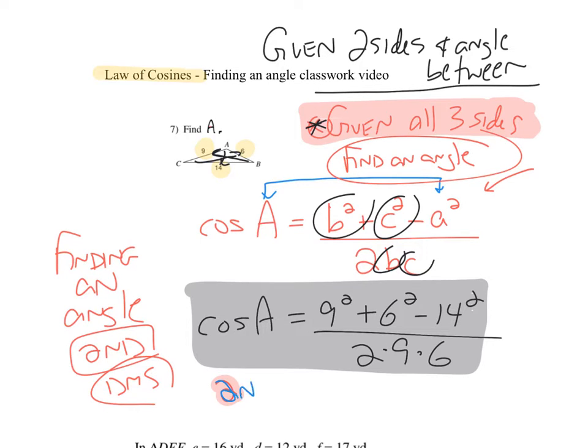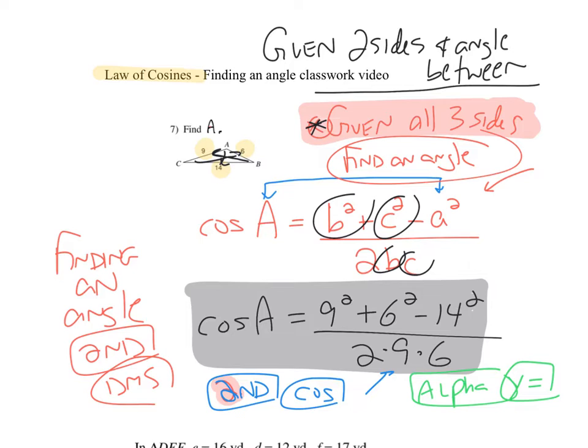So the second button's in blue, so second and then cosine, and then this big fraction. So take a minute, press second and then cosine, and then enter in exactly what you see. Remember, the fraction on your calculator is alpha and then y equals in option 1. So go second and cosine, enter in this fraction on your calculator.